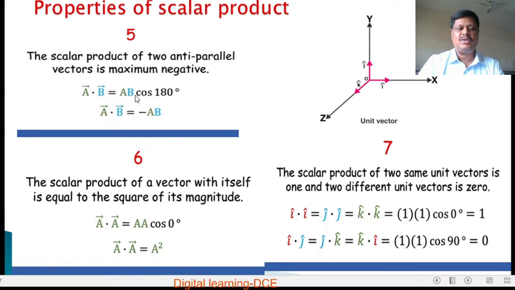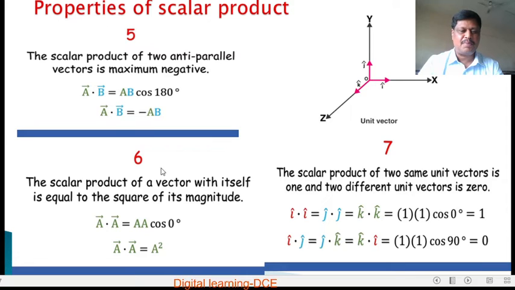Then A dot B is equal to AB cos theta can be written as A dot B is equal to AB cos 180. The value of cos 180 is minus 1. So minus 1 into AB is minus AB. That is, A dot B is equal to minus AB. And this is the maximum negative value.